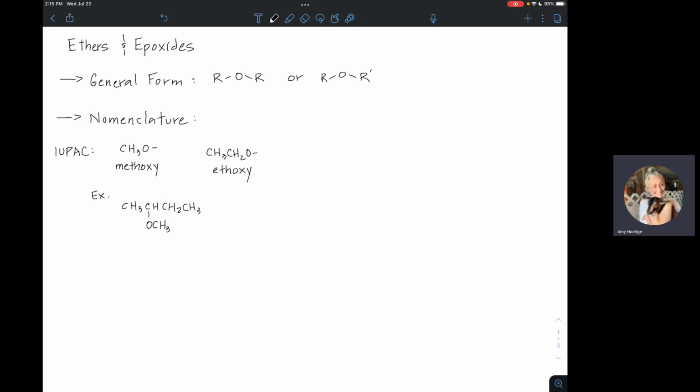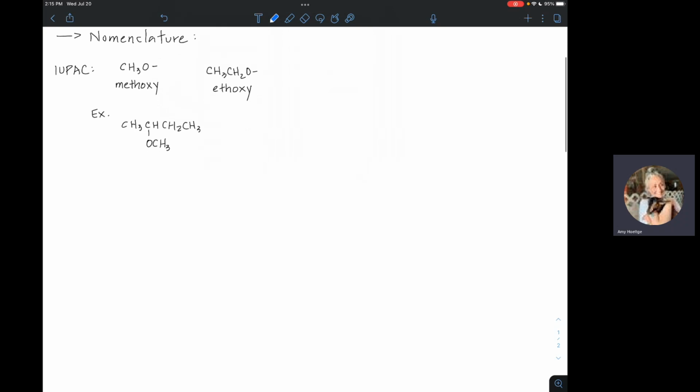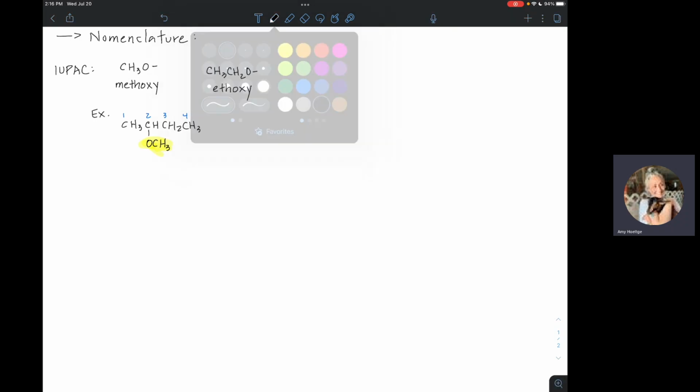we're going to find our longest continuous chain of carbons, just like you would name a regular alkane, that contains the functionality, right? So the longest continuous chain of carbons that contains the functionality is going to be 4. So 4 carbons. And we're going to give priority, in other words, the lowest number, to the functional group. So the ether is going to take priority. So we're going to start numbering in this direction, 1, 2, 3, 4, which means that with IUPAC nomenclature, the methoxy group, so this right here, is on carbon 2.